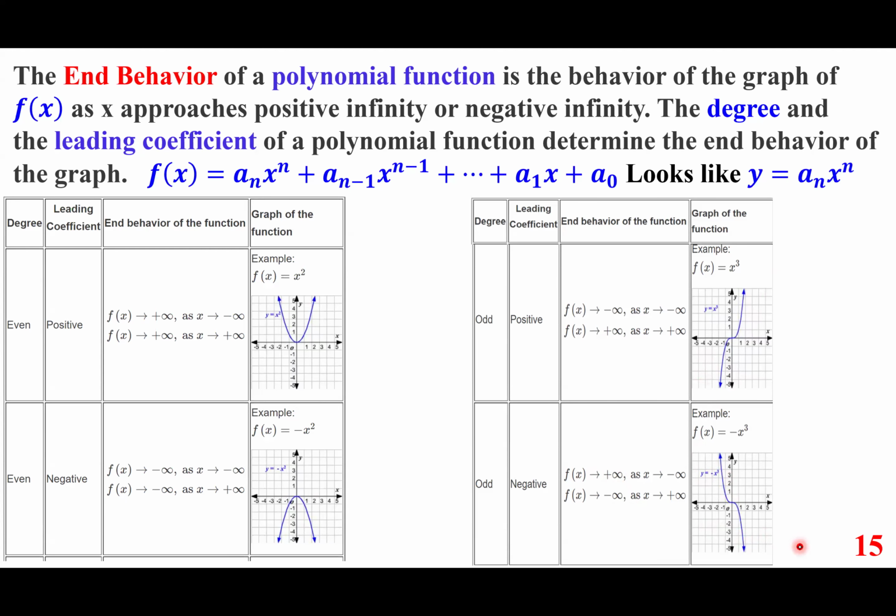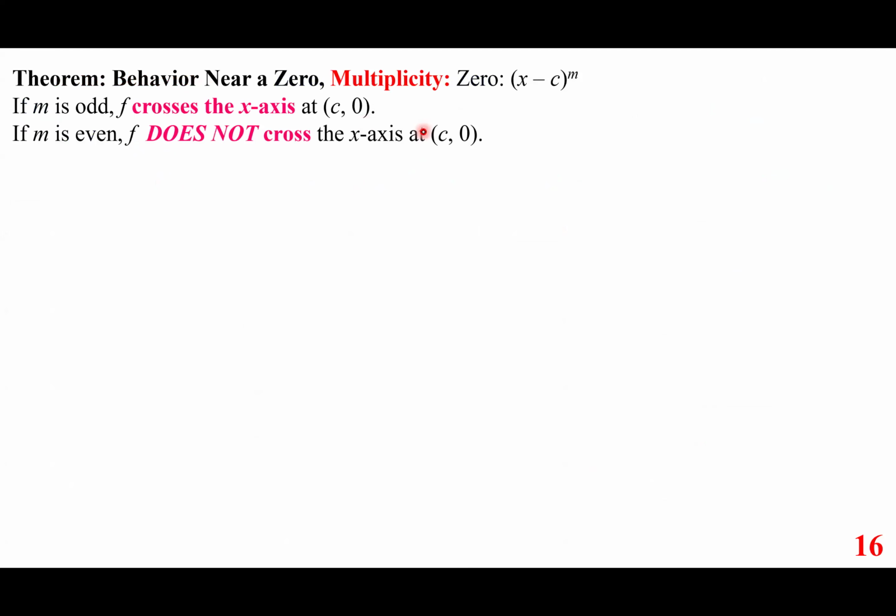Also, we have a theorem about behavior near a zero or x-intercept, and multiplicity of a zero: x minus c to the power of m. The multiplicity is m, meaning x minus c times itself. How many times? m times.